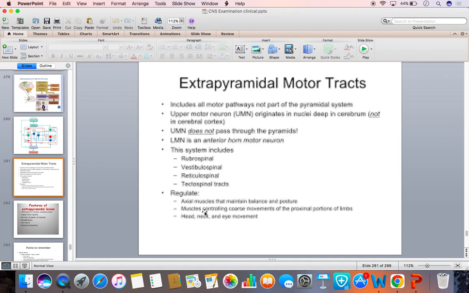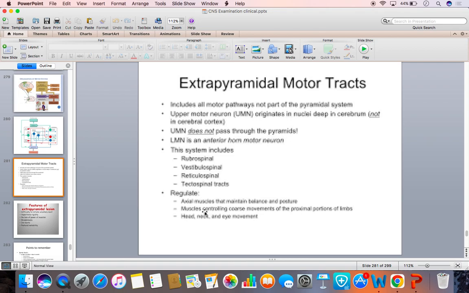LMN is on the anterior horn motor neurons. This system includes rubrospinal, vestibulospinal, reticulospinal, and tectospinal tracts. Rubrospinal is from the red nucleus down to the spinal cord, vestibulospinal from the vestibular nuclear apparatus to the spinal cord, reticulospinal from the reticular formation in the pons down to the spinal cord, and tectospinal from the tectal nucleus.